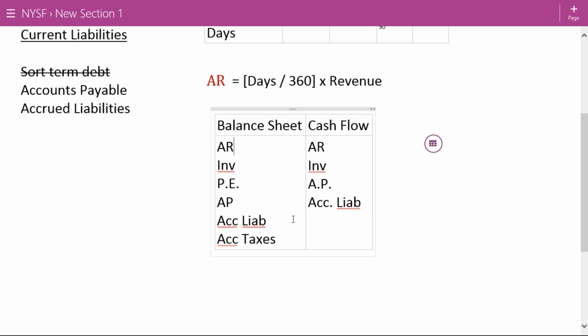Okay, so what happened to the other two line items? In the cash statement, they don't have prepaid expenses, and they don't have accrued taxes. So you have a decision to make. Let me show it this way.